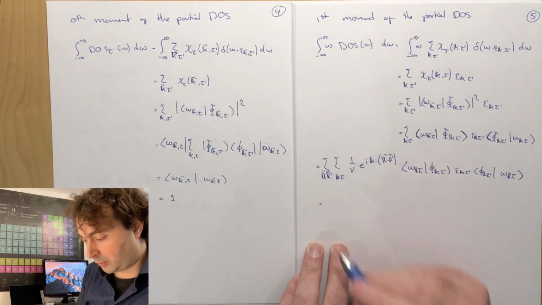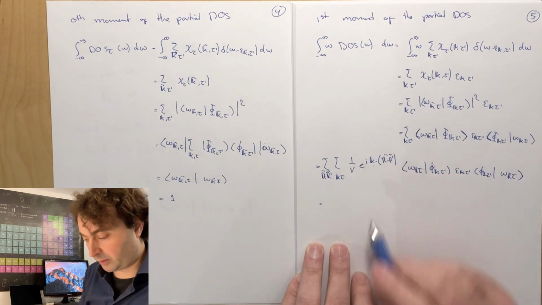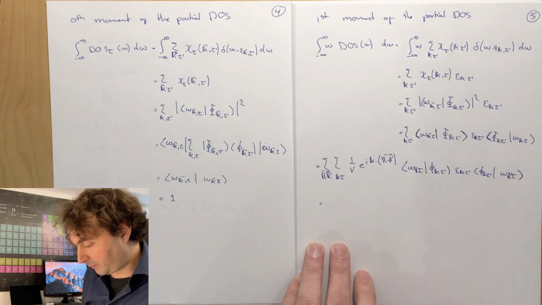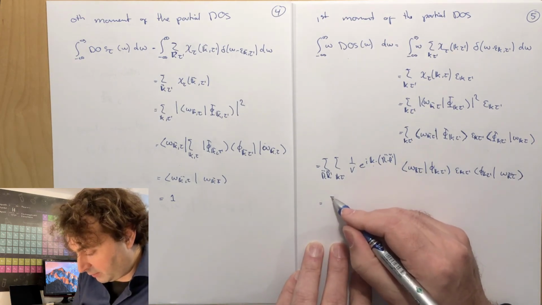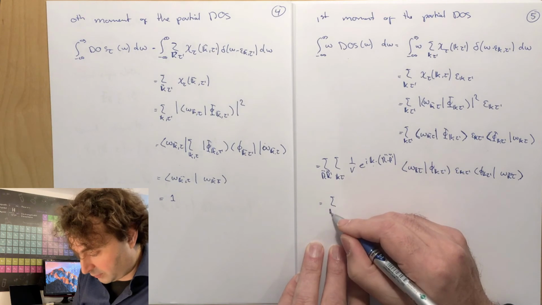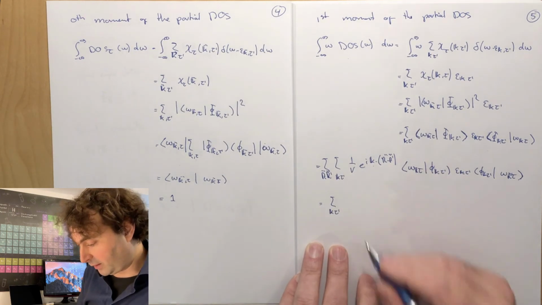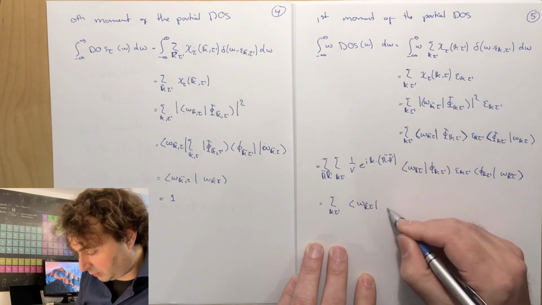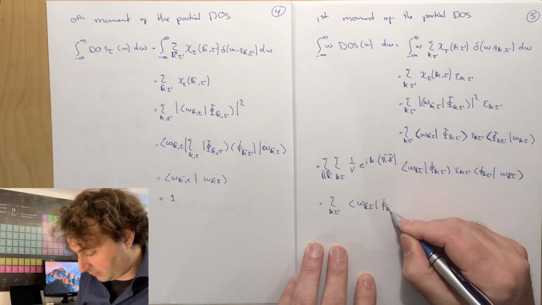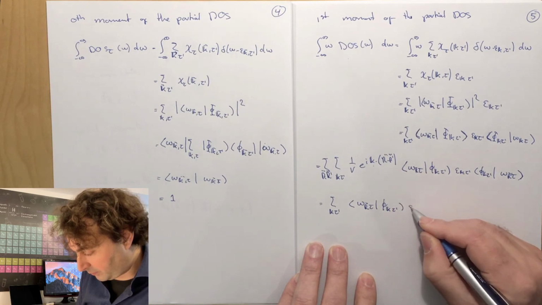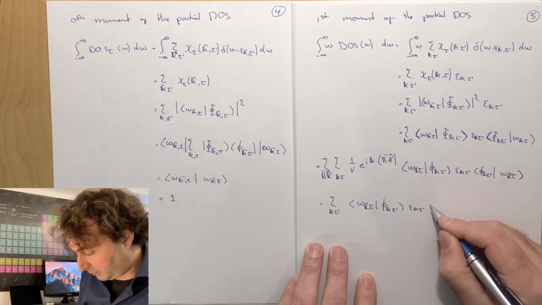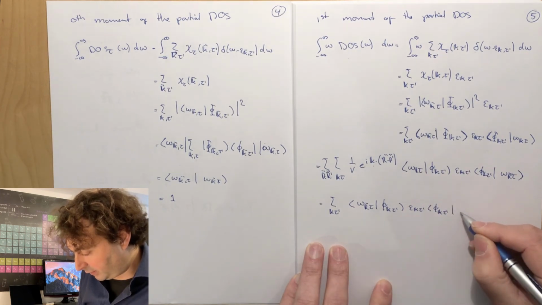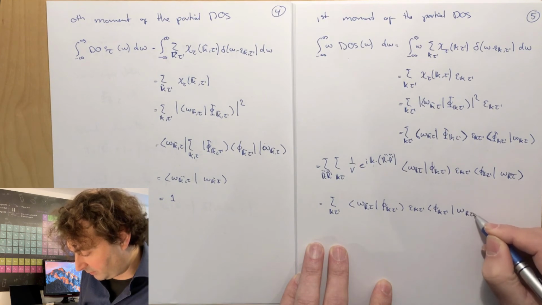So this double sum over r prime, with this 1 over v times e to the i k r, makes a delta function between r and r prime, such that we are left with the sum over crystal momentum and band index tau of our Wannier function centered at r tau, epsilon k tau prime, the eigenstate k tau, and our Wannier function centered at r tau.